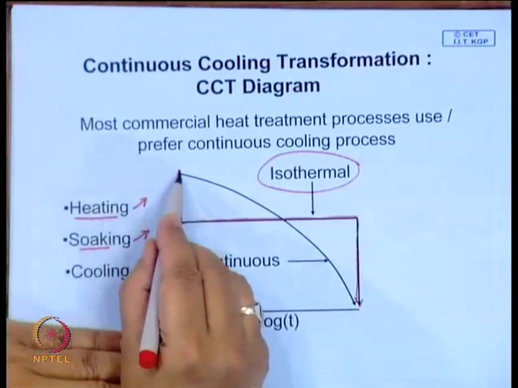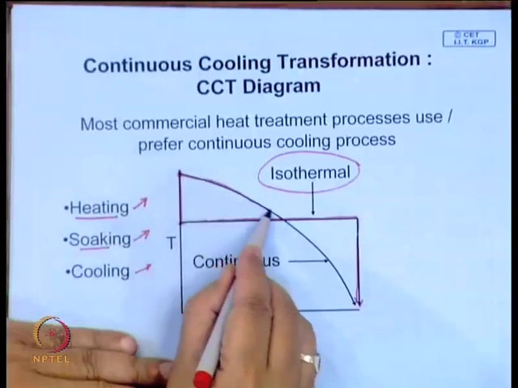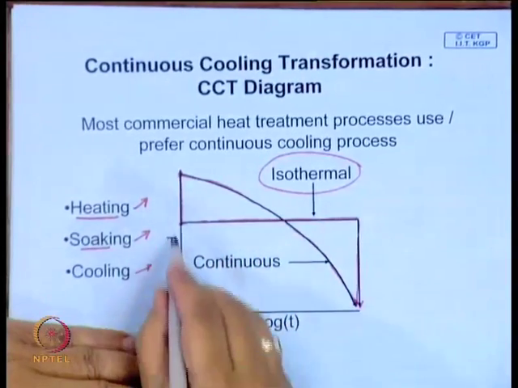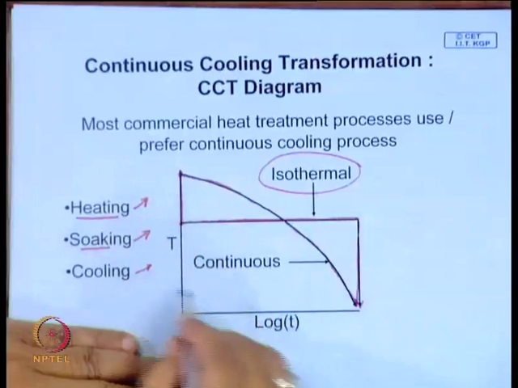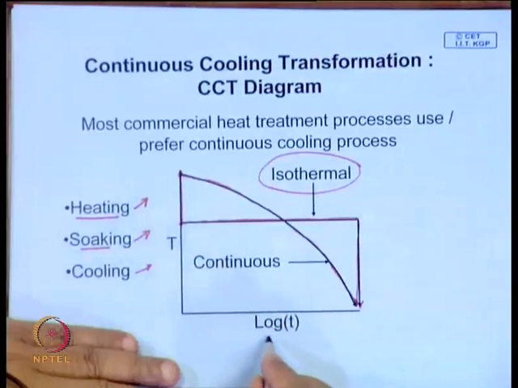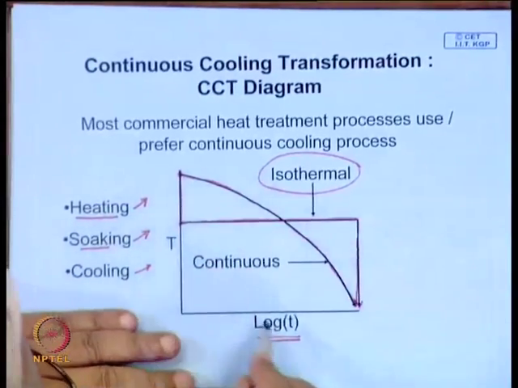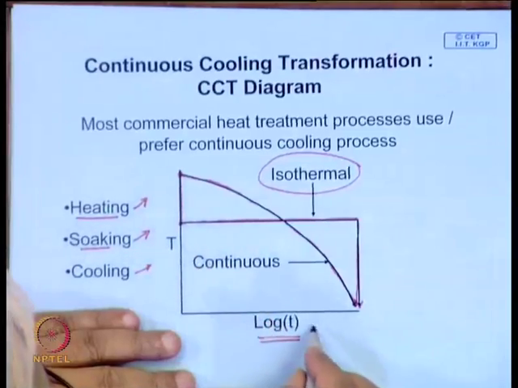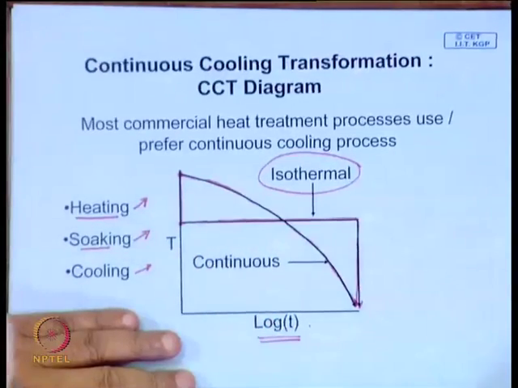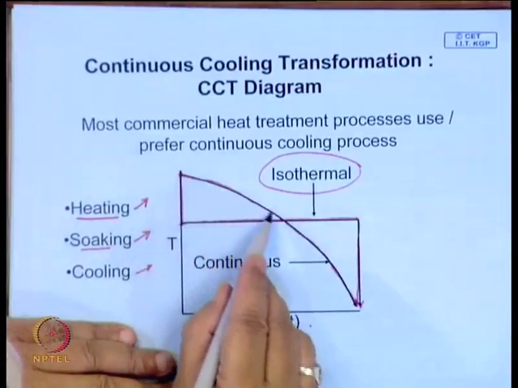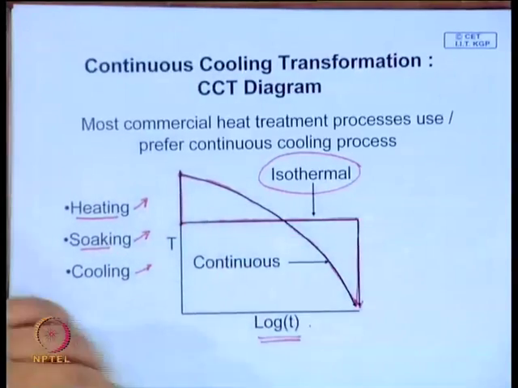Now, normally if you take out a sample and leave it in air, it will cool something like this. Usually these temperatures are plotted against the logarithm of time, because the time scale can be quite large. To represent the way the temperature decreases, often we use a logarithmic scale. In that case a constant cooling rate will appear like this.